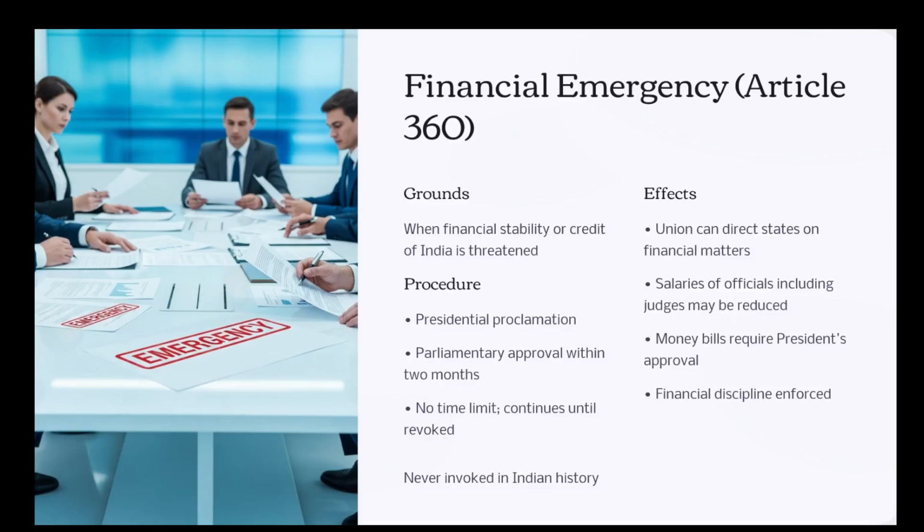So what are the effects? The Union can direct the state's financial matters, salaries of officials including judges may be reduced, money bills require the President's approval, and financial discipline is enforced. But it has never been invoked in Indian history. The financial emergency, as of now, has never been invoked.